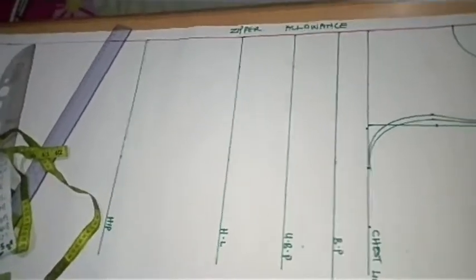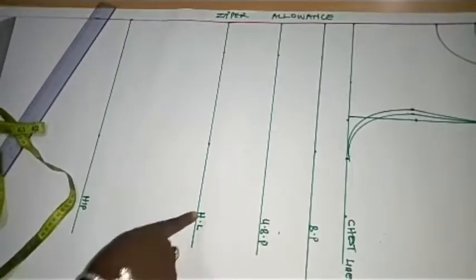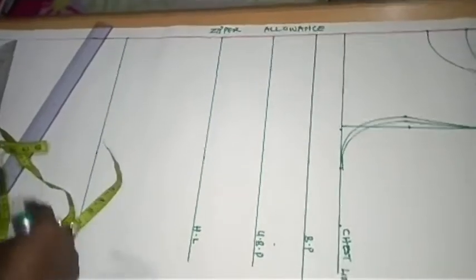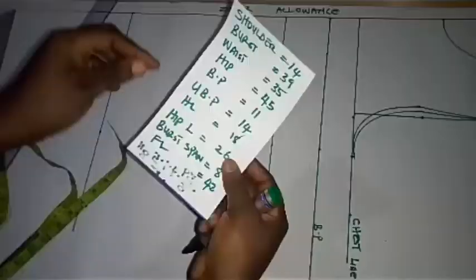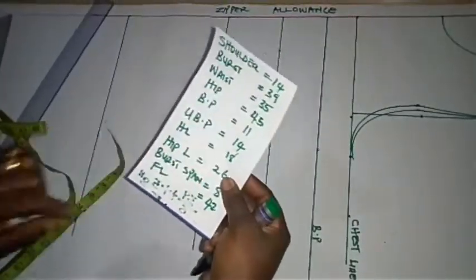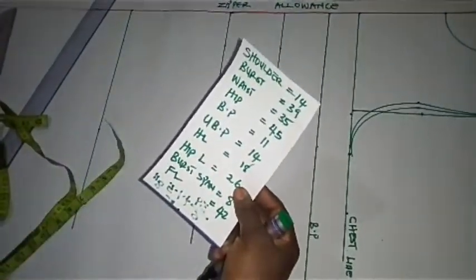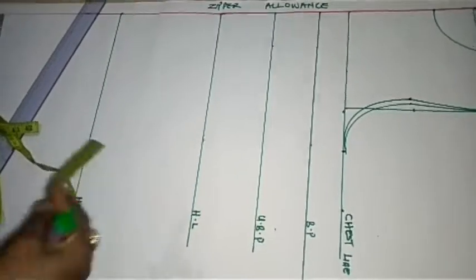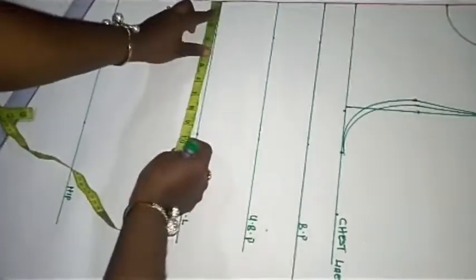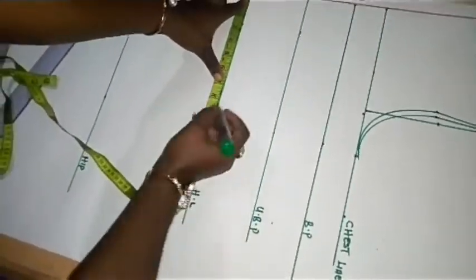So now the next thing I'm going to do is to place my half length measurements. My waist measurement is 35 on the half length, divided by 4. I'll be left with 8.75. This is my 8.75.